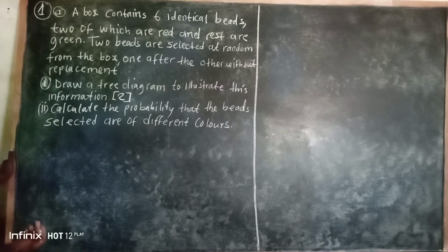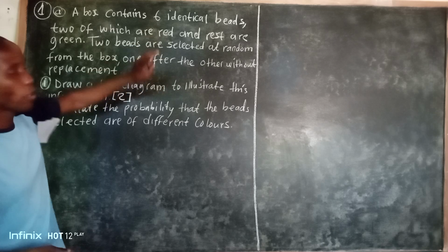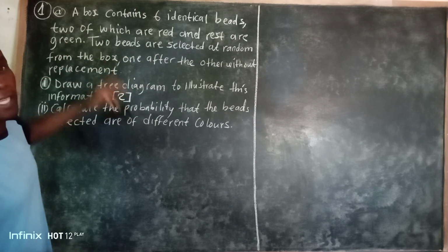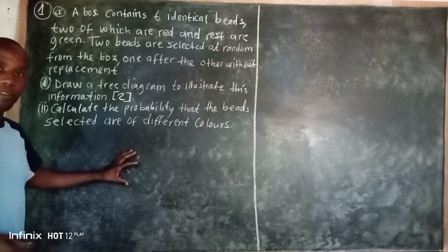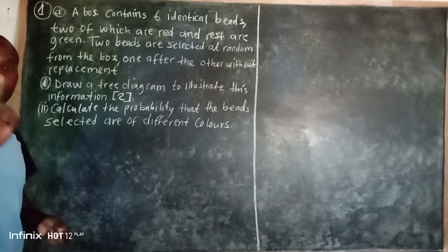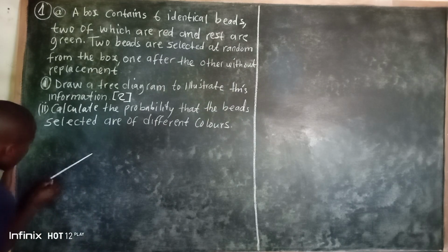So how do we draw the tree diagram? Here we only have 2 different items, 2 colors, red and green. So when drawing the tree diagram, that is the key point: we are just going to draw 2 arms, or branches, you can call them whichever.